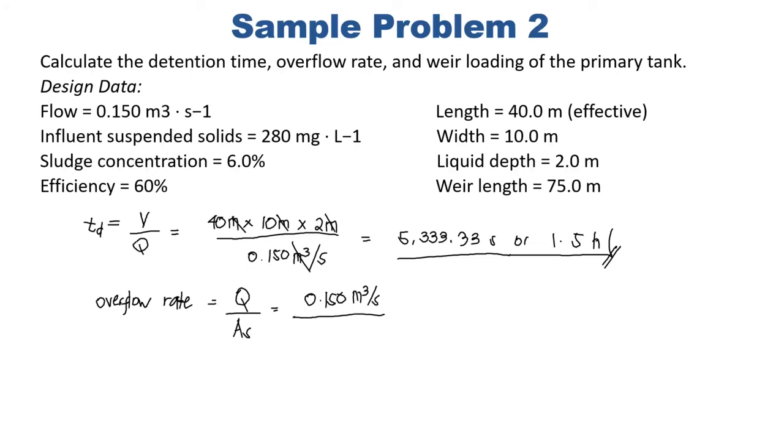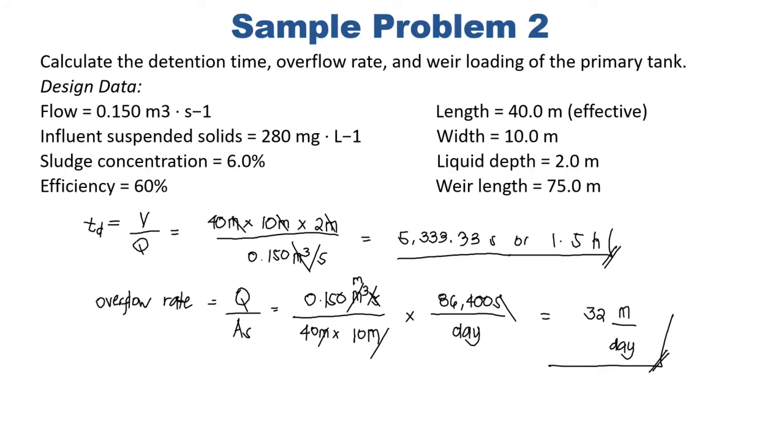And our surface area is 40 meters times 10 meters. And then we will convert these seconds into day. In 1 day, there are 86,400 seconds. So it's equivalent to 32 meters per day. This is now our overflow rate.